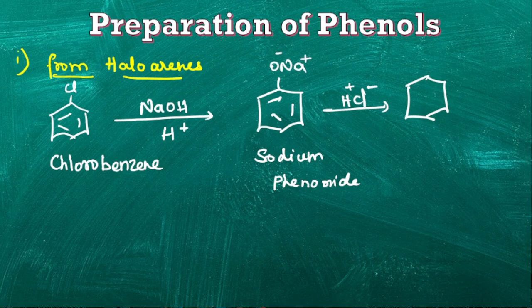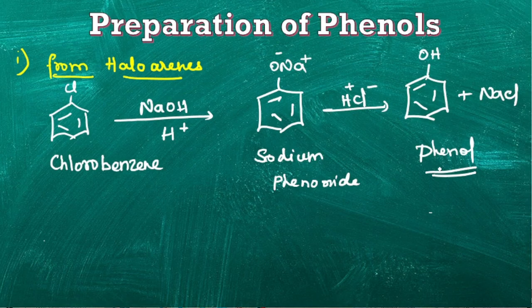Now the O will be getting attached with H. As it is positively charged, H will go and attach to O. NaCl will be liberated. Na is positively charged, being positively charged, will get attached with Cl and it will go out as NaCl. Therefore, your phenol is produced from this equation. Clear? So, first step, you can produce a phenol from haloarenes.